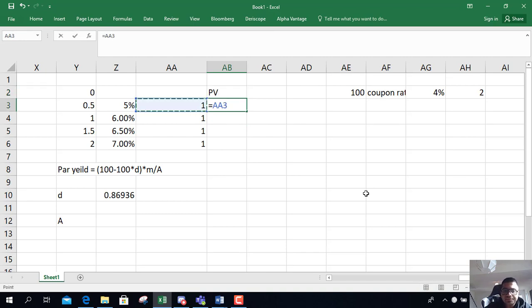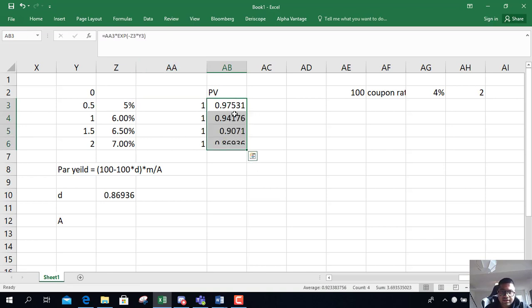It is 1 into exponential of the interest rate given, 5%, multiplied by 0.5, and always a negative sign in the exponential. Why? Because we are discounting. So 0.97, 0.417, 86, etc. If you add them up, it comes to 3.69.